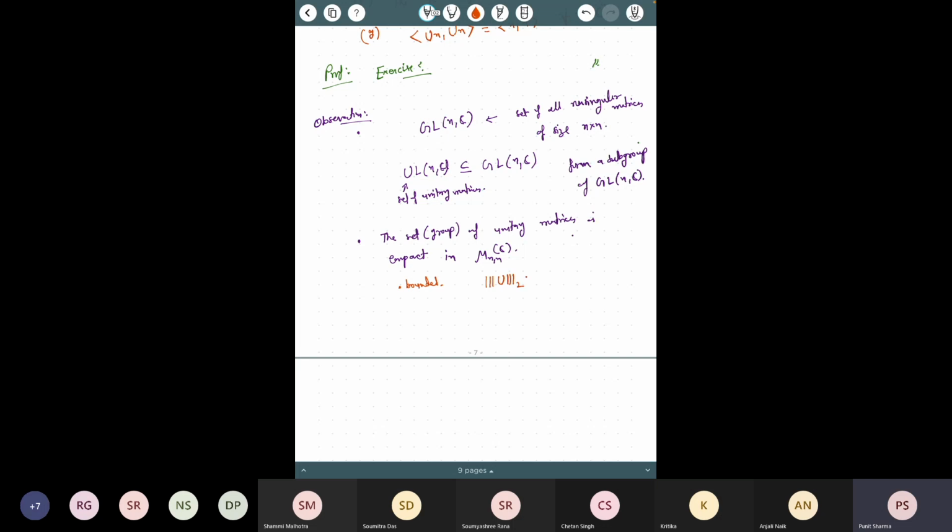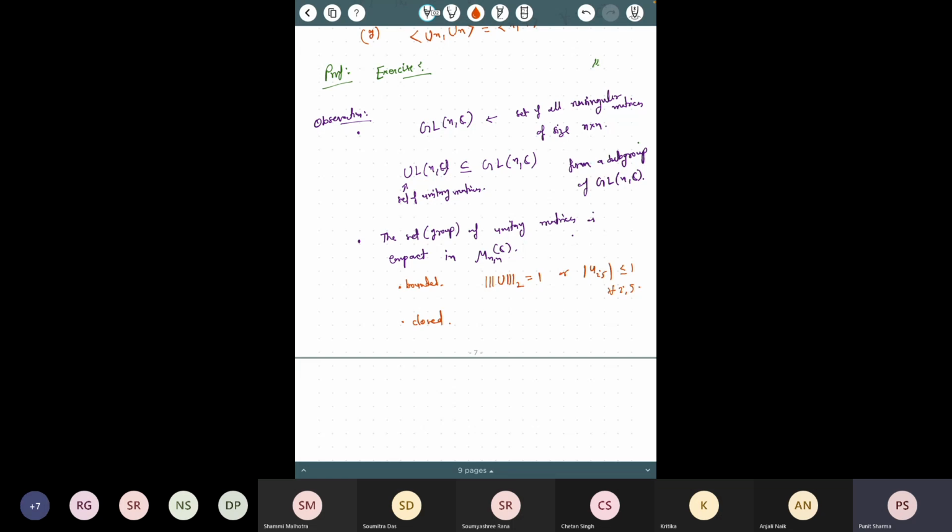It is 1. So what does it mean? It means that the absolute value of each entry of this matrix U is less than or equal to 1, for all i, j. So clearly you can say that this set is bounded. Okay. And why is this closed?